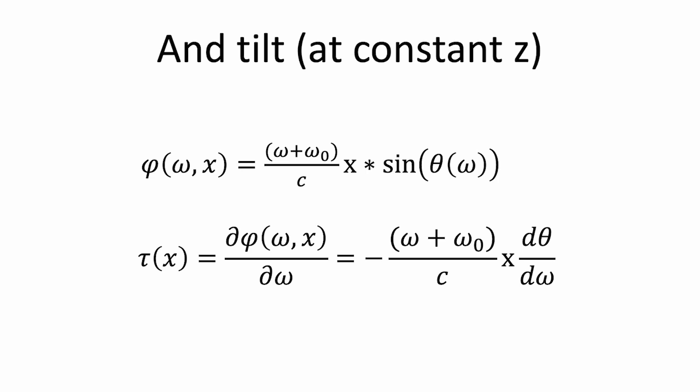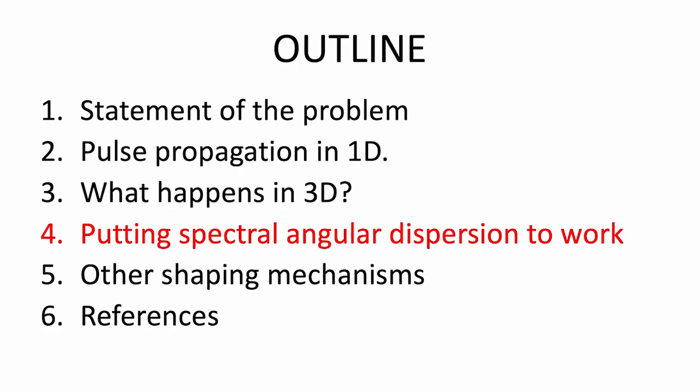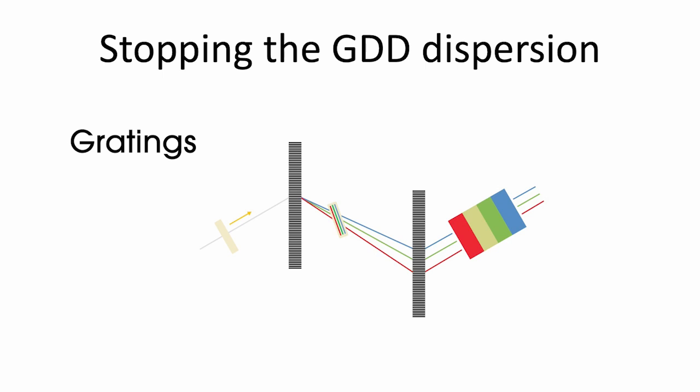So next, how do you use this to your favor? Let's go to the next one. So, putting angular dispersion to work in your favor, next slide, please. What you do is, you have group delay dispersion. And if you wanted to imprint in your pulse a certain dispersion or correct for it, this is a linear term.